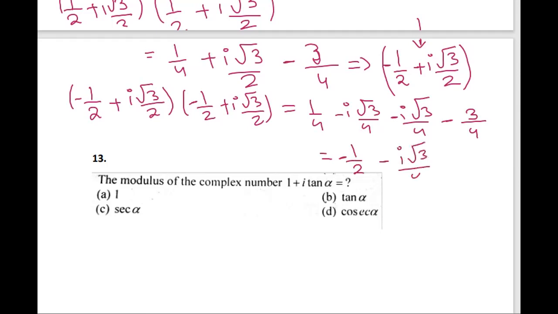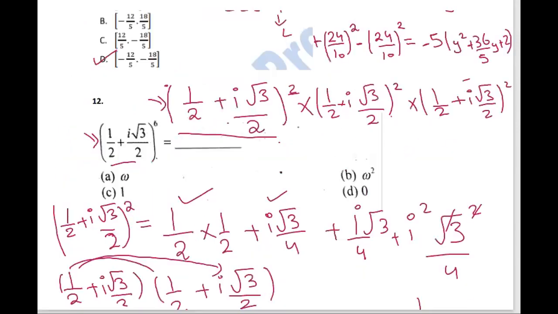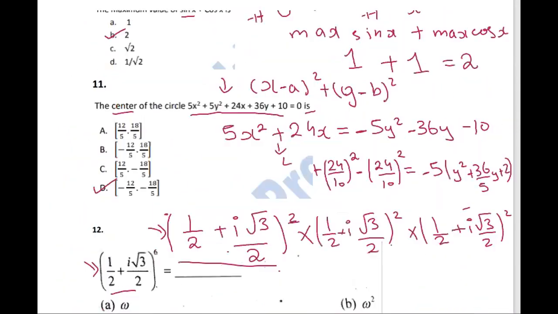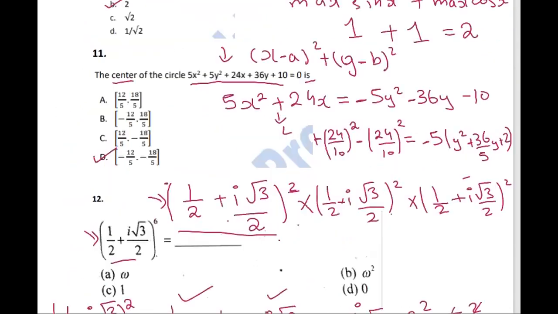Okay. And now I need to multiply this with this because this minus 1 by 2 minus iota under root 3 by 4 is basically the value of these two.